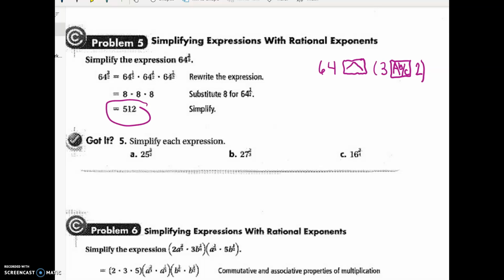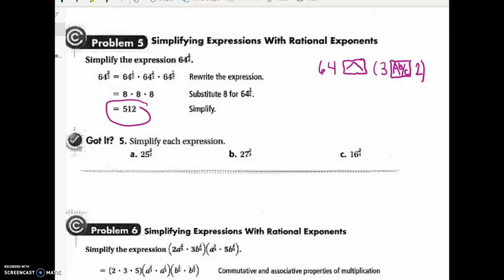The calculator will do that for you, but again, I want you to see why we get that answer. Why is it 512? Because we can break it apart into 3 pieces, and each of those pieces equals 8. So we can multiply those also to get 512.